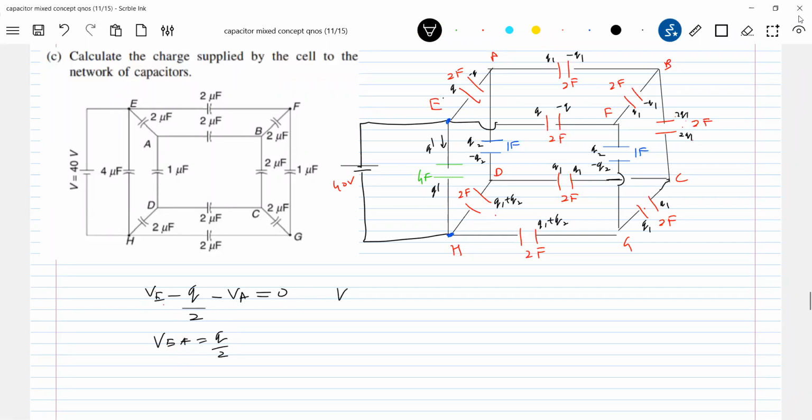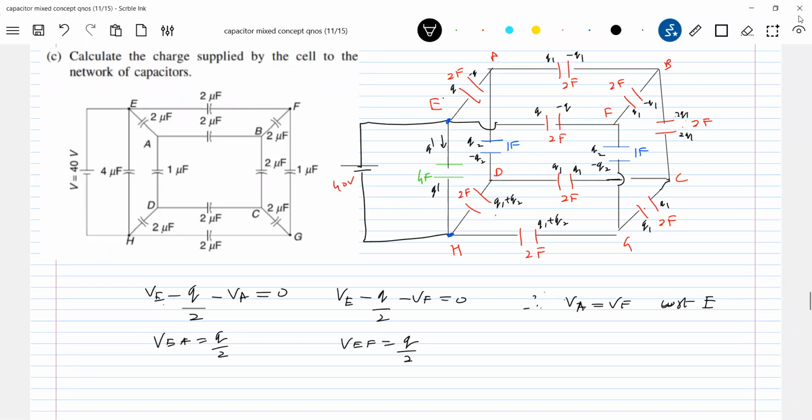Similarly, VE minus Q by 2 minus VF equal 0. So VEF is equal to Q by 2. So therefore, A and F are at same potential with respect to E. VA equal to VF with respect to E.